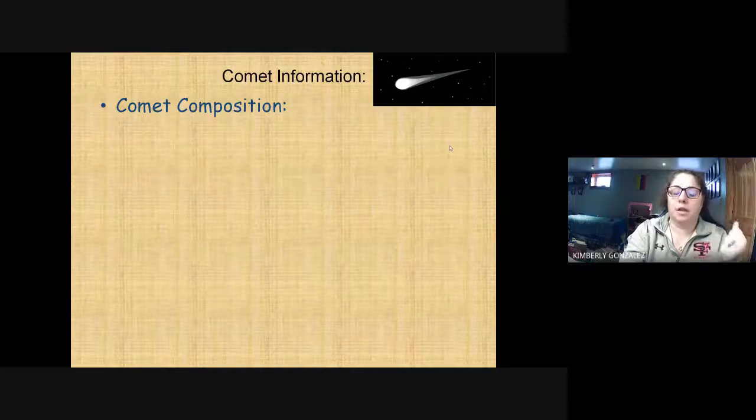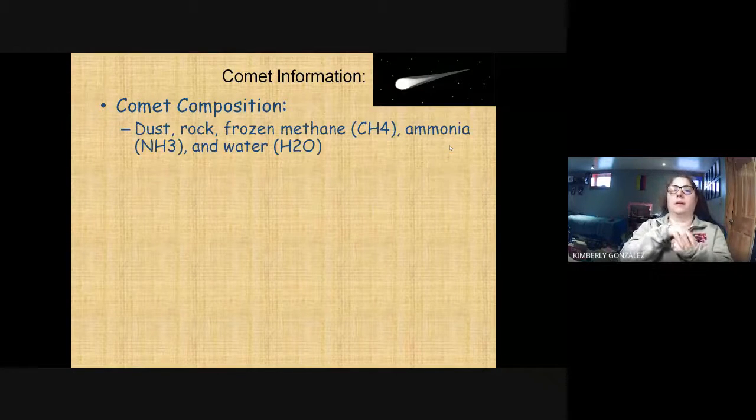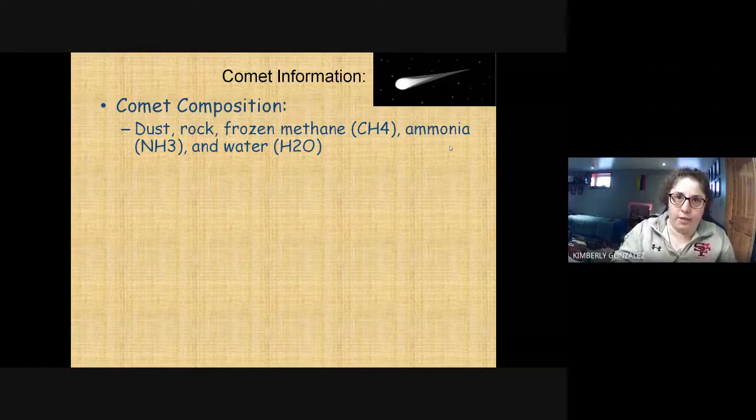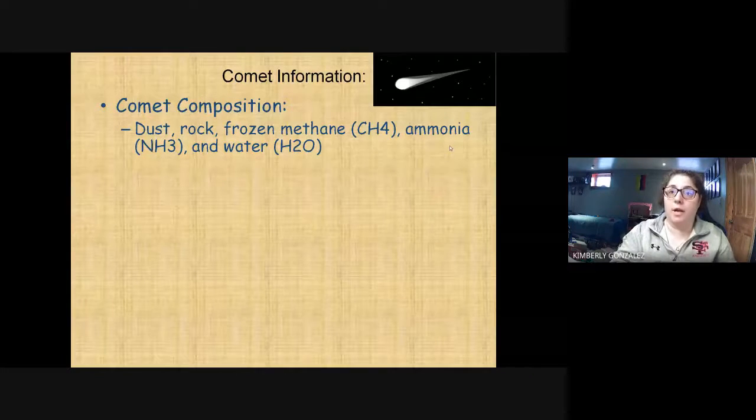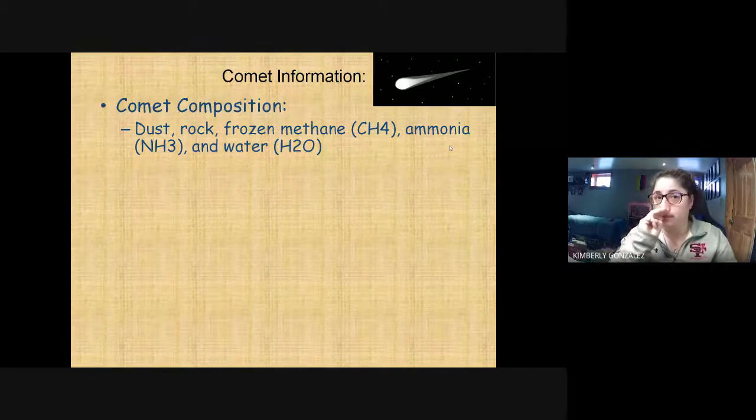So let's talk about its composition. It is made up of dust, which makes it dirty, rock, which makes it dirty, frozen methane, ammonia, and water. Now, those three things have basically existed since the beginning of time.